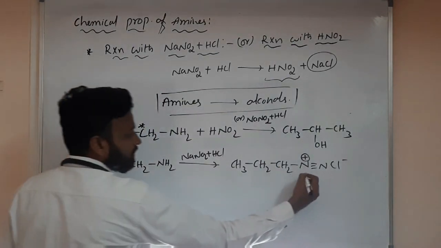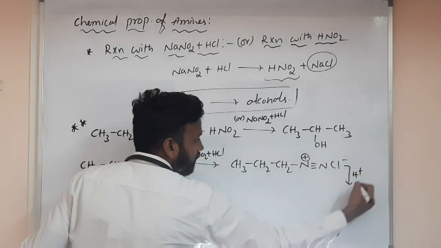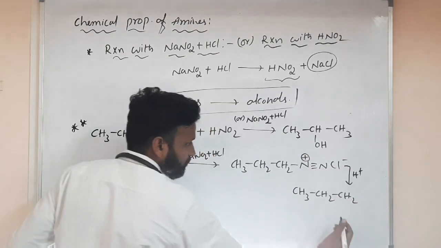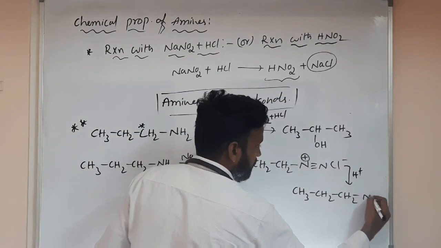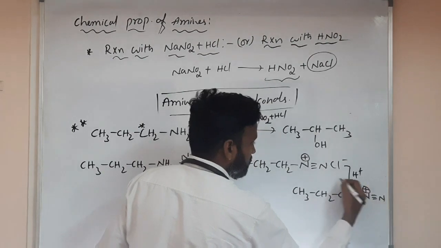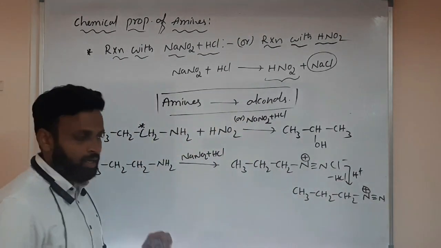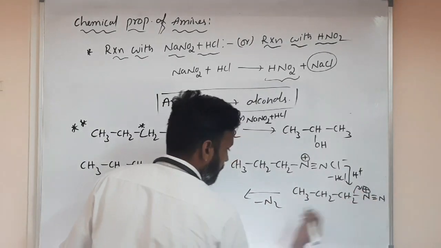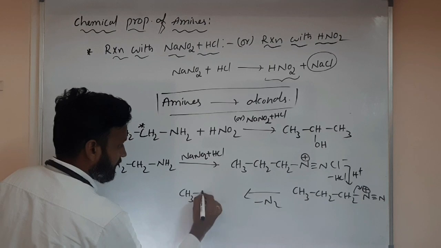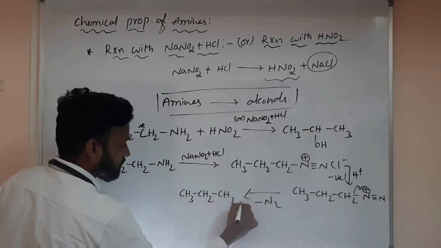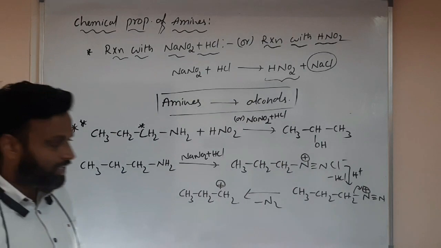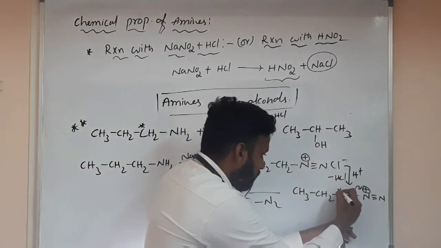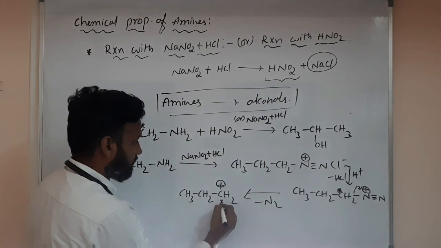Next, when you add H plus, you have CH3, CH2, CH2, N triple bond N plus. So HCl was removed. Next, N2 will be removed. So this bond will go. Then you have CH3, CH2 and CH2 plus. Understood? N2 removed. Then this carbon will get positive charge or not? Yes, this first carbon has positive charge.